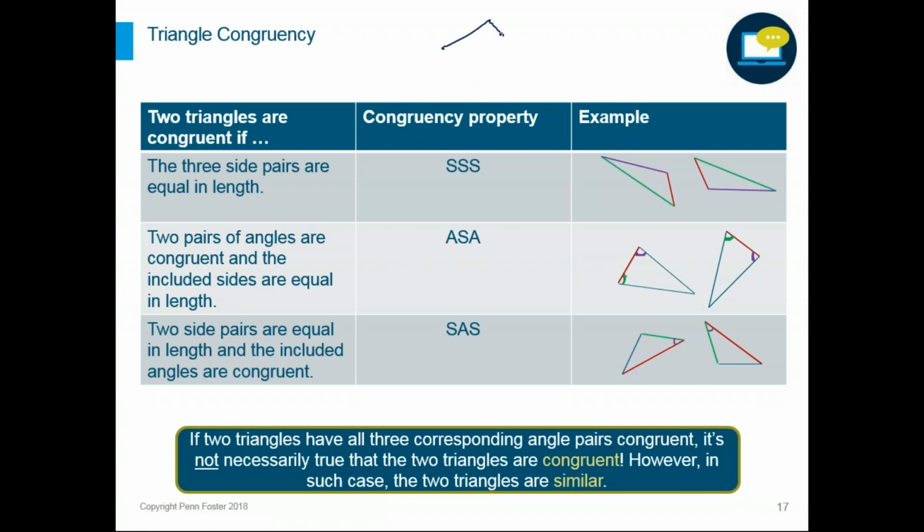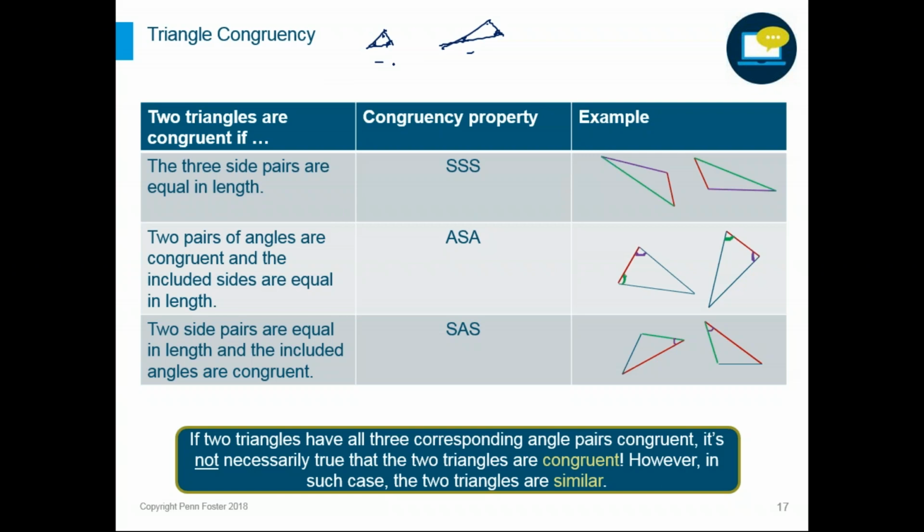If I have a triangle and another triangle, and this angle and this angle have the same measure, this one here and this one have the same measure, and if this one here and the corresponding one have the same measure, we cannot say that this triangle and this triangle are congruent. We cannot.